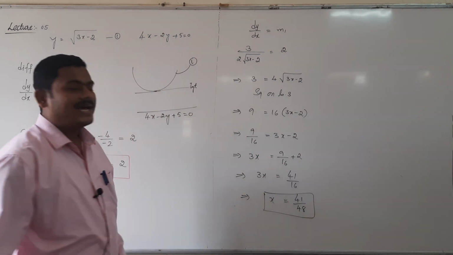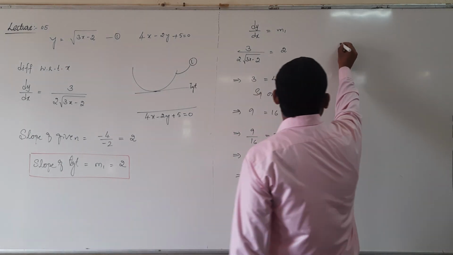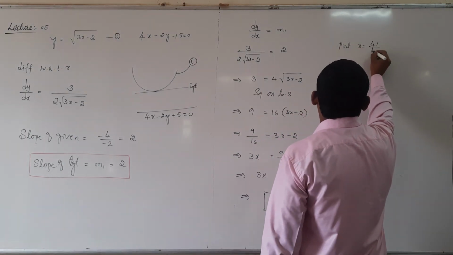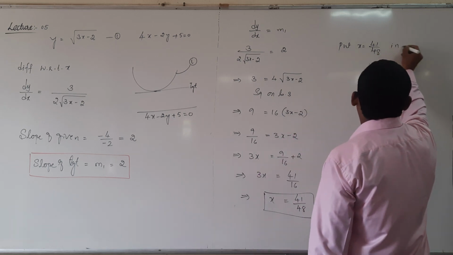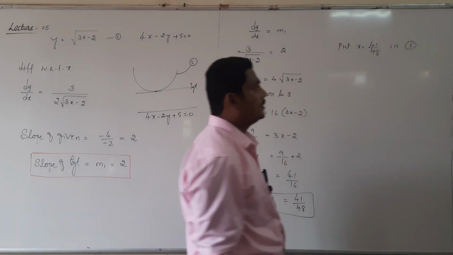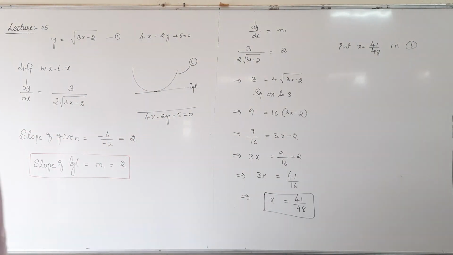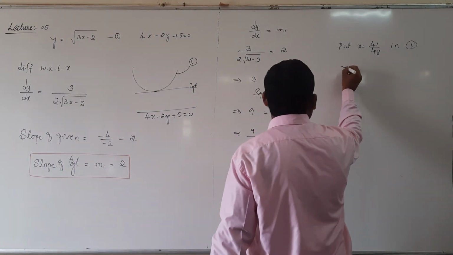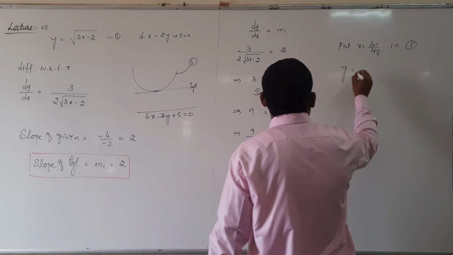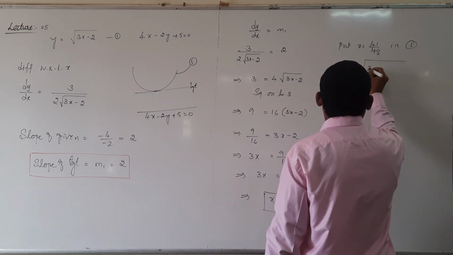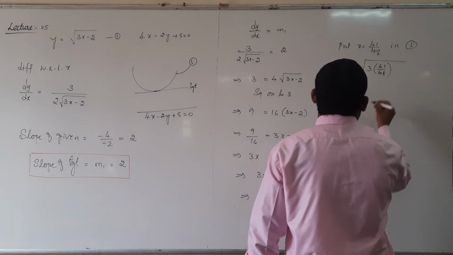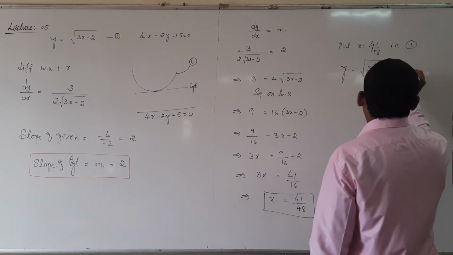After getting the x value, put x equal to 41 divided by 48 in equation number 1, because we need the y value also. Then y is equal to square root of 3 into 41 divided by 48 minus 2.